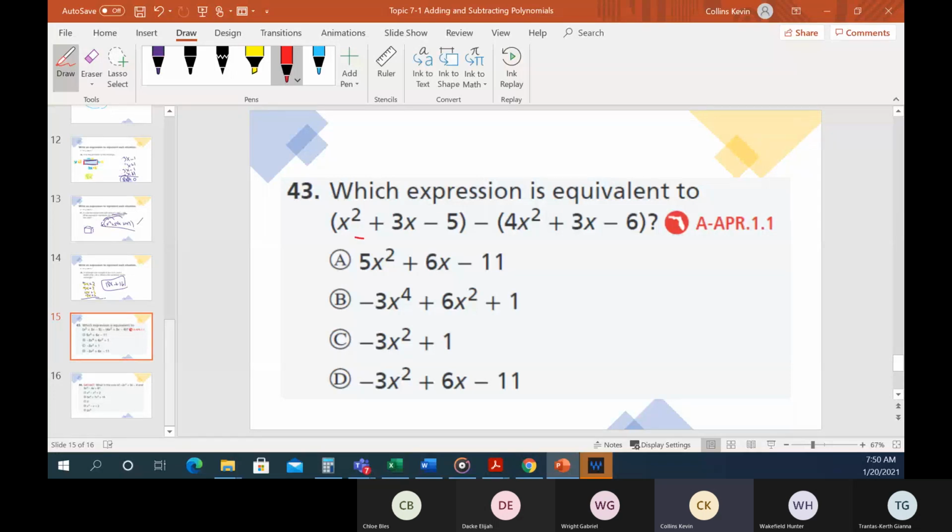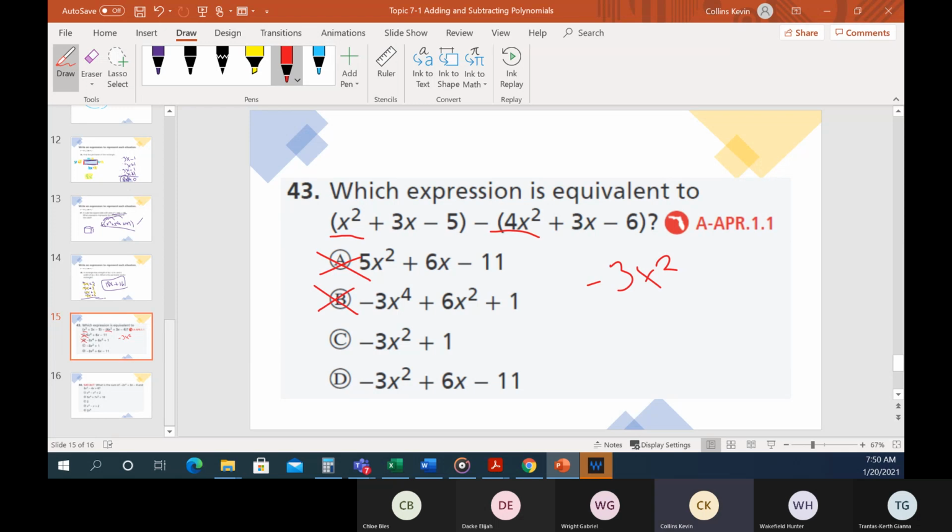So the first part here, I've got x squared minus 4x squared. So that's going to be a minus 3x squared. We look at our answers. 5x squared. No. Minus 3x to the 4th. I'm sorry. No. Okay. So now I'm down to these 2 guys right away, and I've only done 1 step.